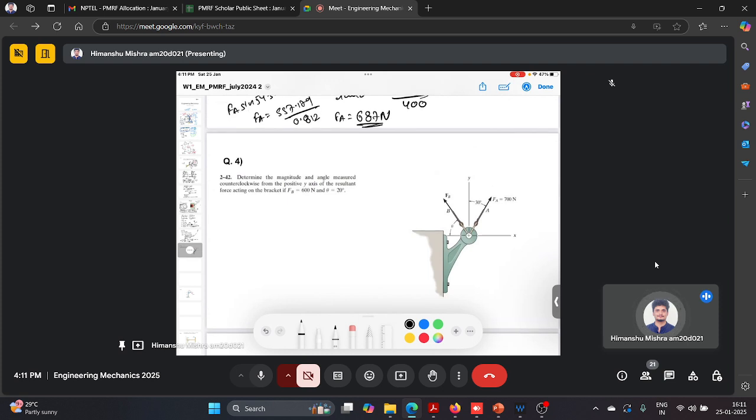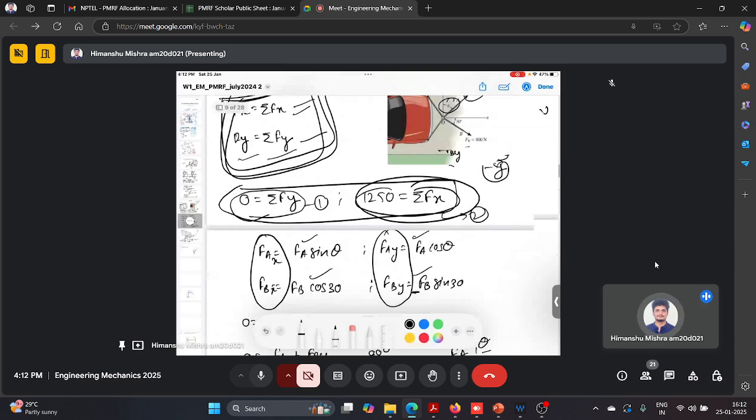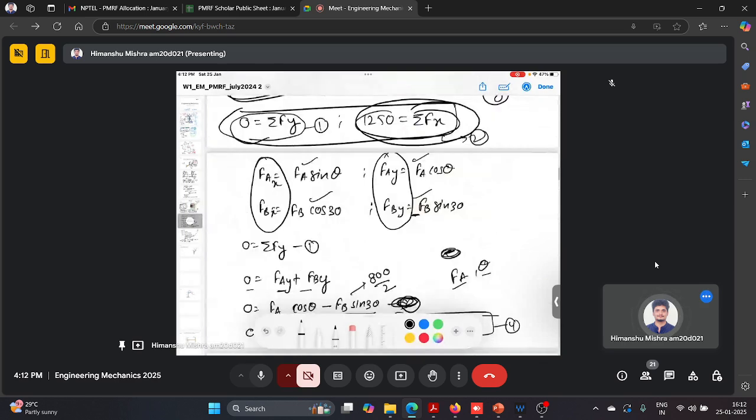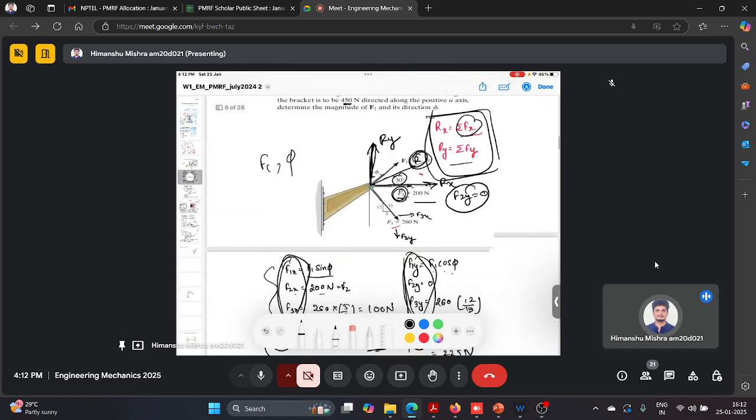In this problem, determine the magnitude and angle, measured counterclockwise from the positive y-axis, of the resultant force acting on the bracket if Fb equals 600 Newton and theta equals 20. So it's pretty straightforward. Until now we have been calculating one component of the external forces, Fa in the previous problem and F1 in question 2.